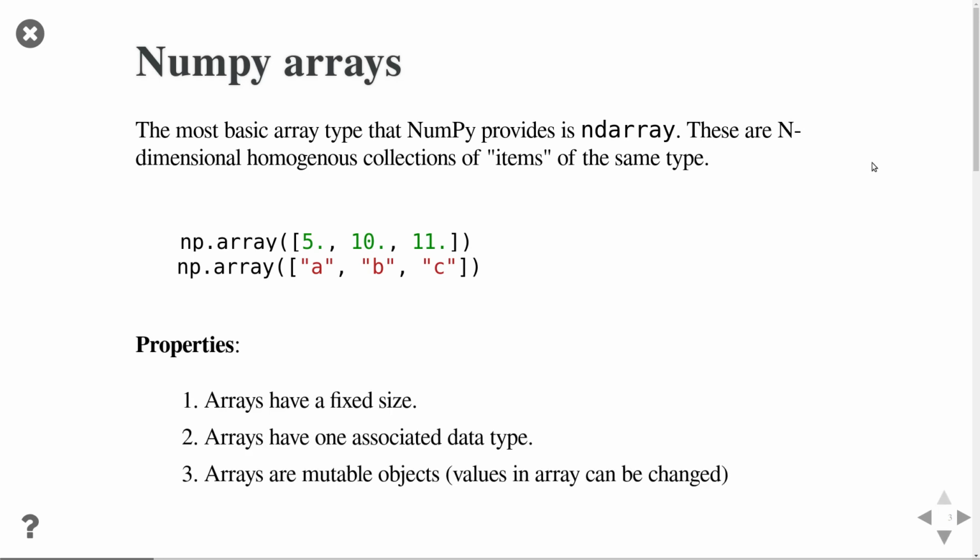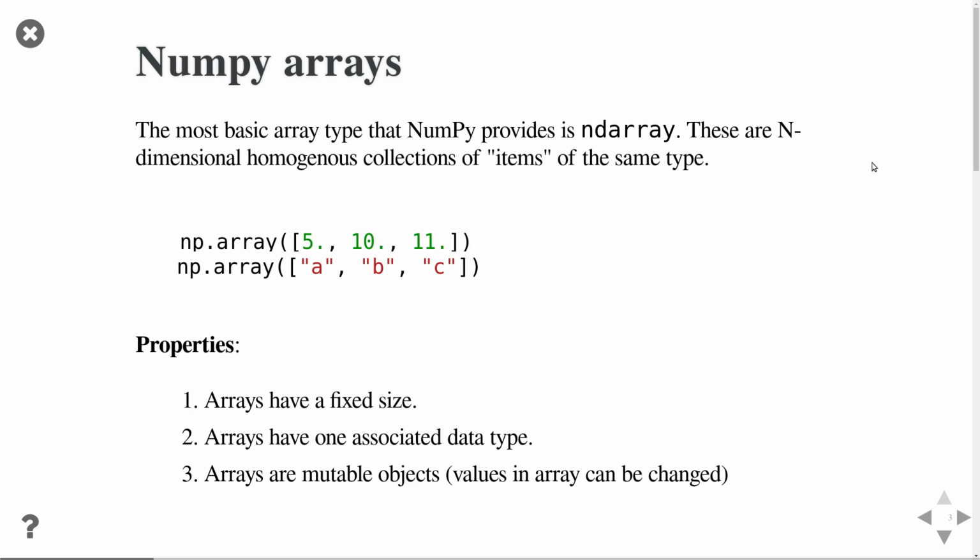Some important properties of NumPy arrays make them different from Python lists. First, arrays have a fixed size. These ones here have size 3, and we cannot change their size. They will always be of length 3. The second is that they have one associated data type, and all the objects in that array have to be of that data type.